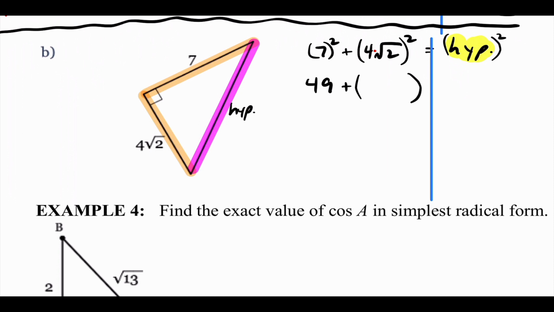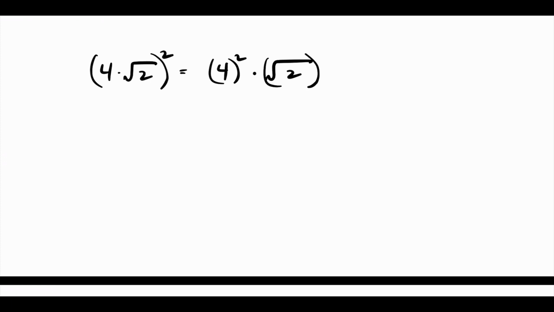So 4 squared is 16. Let me write it over here. What about the square root of 2 squared? I have 4 times the square root of 2, squared, so I'm going to give this guy a squared, and I'm going to give this guy a squared.